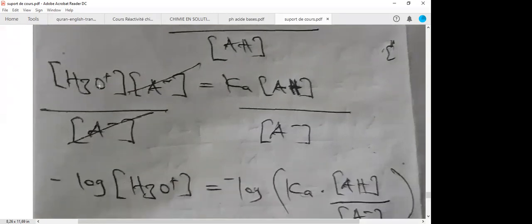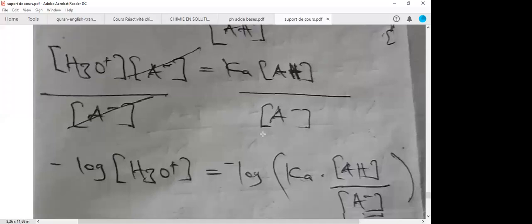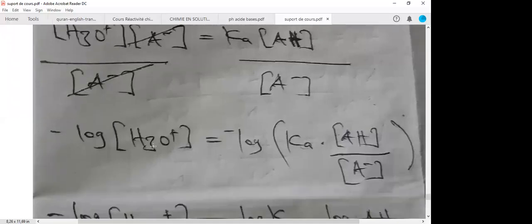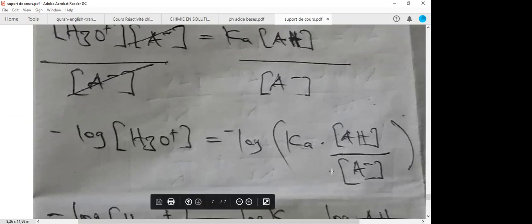We want to make H3O plus the subject, so we divide both sides by the concentration of base conjugate. The concentration of H3O plus is equal to this. Then we introduce negative log on both sides.